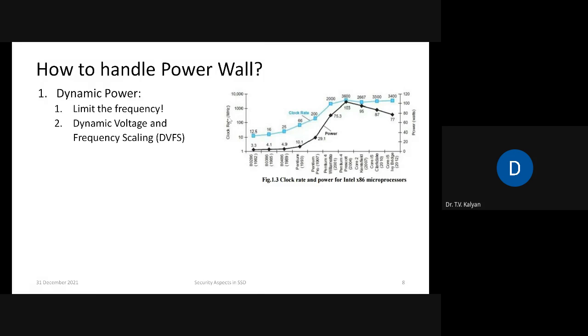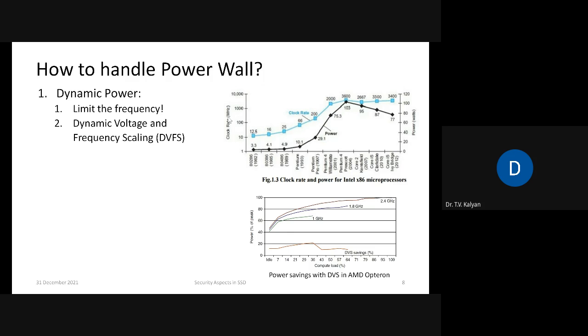In addition, we have some new techniques called dynamic voltage and frequency scaling, which will try to adapt to the workload that is being run on the chip. And I have also included one other graph on the lower right corner.